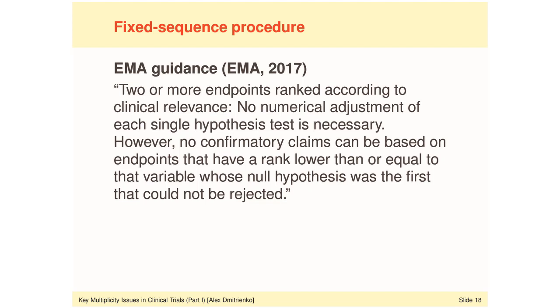Again, those populations may be tested sequentially using the fixed sequence approach, but the trial sponsor may not make any confirmatory claims based on populations in case there is no significant effect on the population with a higher rank that was placed earlier in the testing sequence and examined earlier than the current population. This conclusion is fully consistent with the recommendation made in the EMA guidance document.